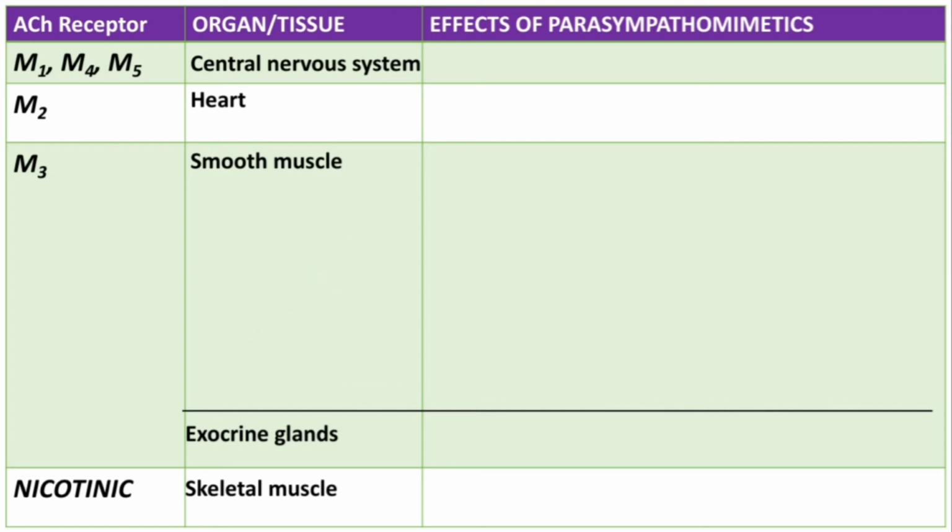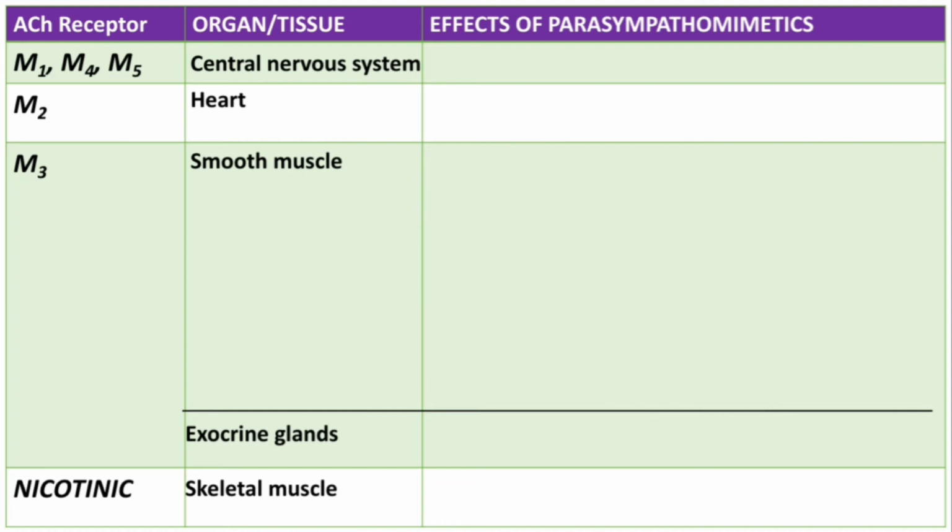So here is what happens if you stimulate the M1, M4, and M5 in the CNS. The most important thing I want to tell you is that the drugs which stimulate these cholinergic receptors are called cholinomimetics or parasympathomimetics.